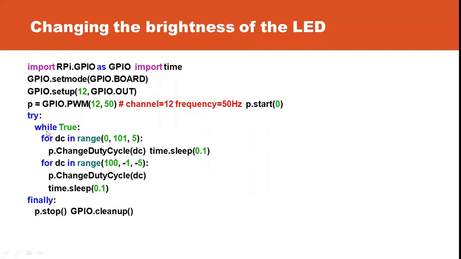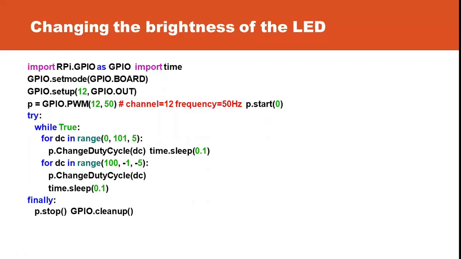Here, if you observe, we are using a for loop for a variable DC in the range 0 to 101. So we'll keep on changing the duty cycle of the frequency. The duty cycle is this DC, which means we start with 0 and move till 101 with an increment of 5.